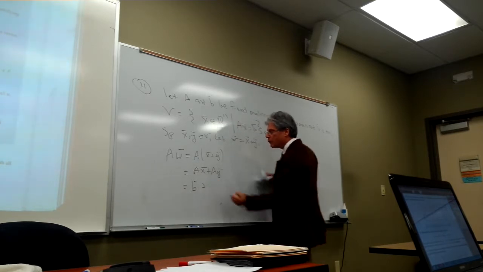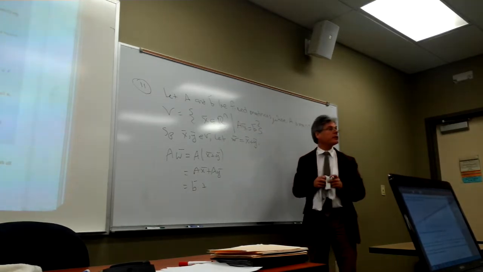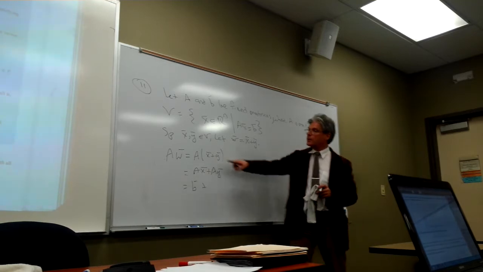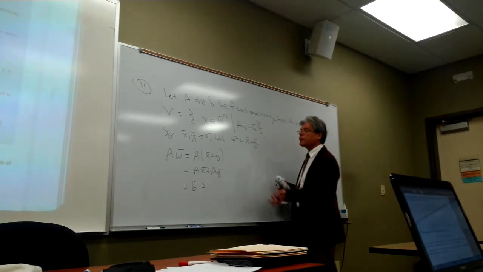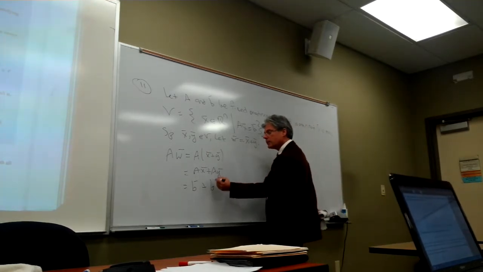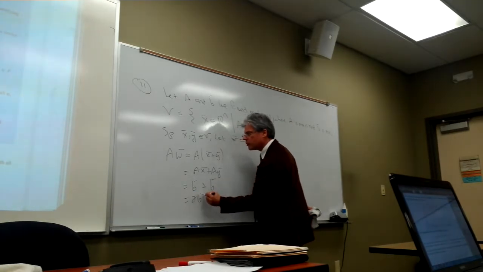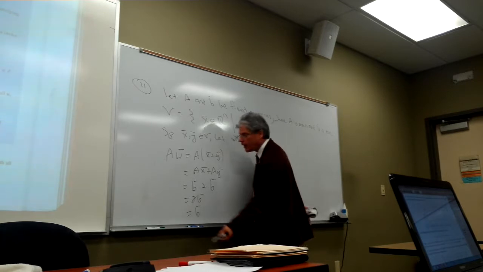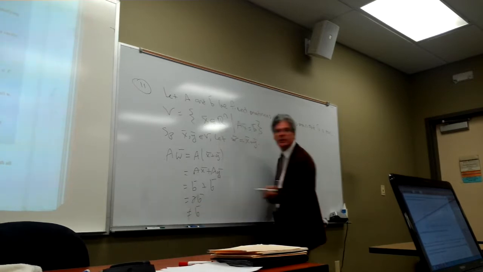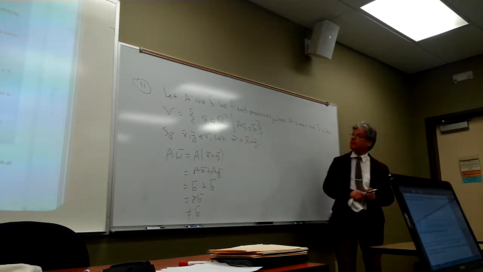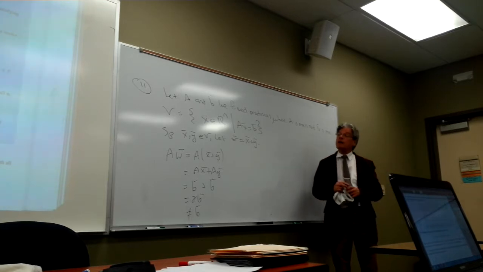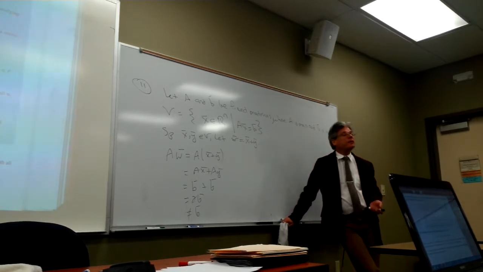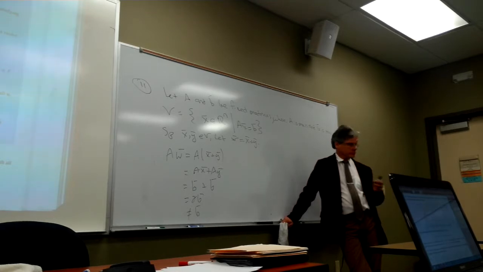Does Y bar claim membership to V? Yeah, I was assuming it does. Therefore, another name for A Y bar is B bar. So I think I get 2B bar and just simply B bar, right? No, wrong. 2B bar is not the same thing as B bar. Therefore, W bar in the end did not claim membership. Therefore, I do not get to say set V is closed under addition.